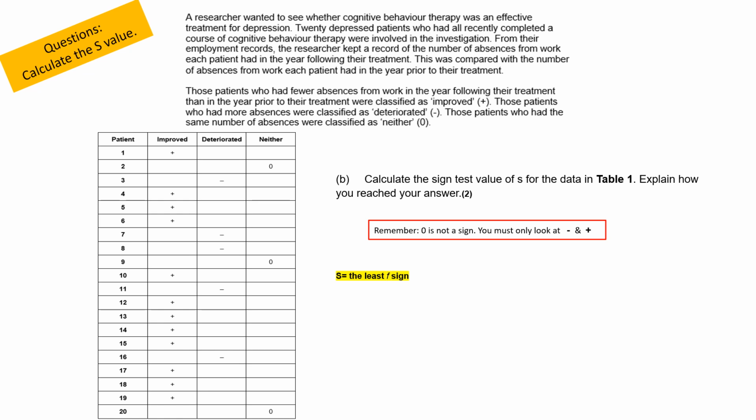And it's clear to see that the minus is the least frequent sign here. So you simply count up 1, 2, 3, 4, 5. There are 5 minus signs compared to 12 plus signs. So S equals 5. Your justification is simply S is the least frequent sign, and therefore the minus sign is the least frequent, bringing S to a total of 5.